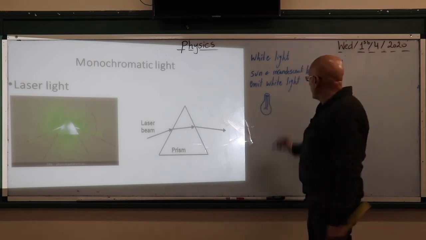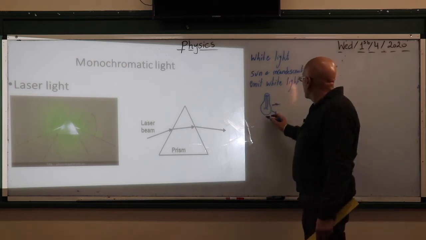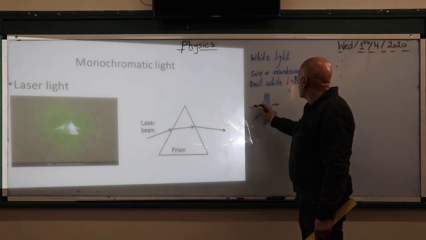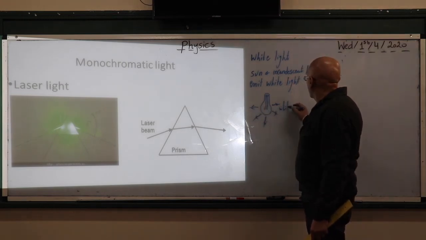You see it as yellow light, but it is white light. This is called white light.